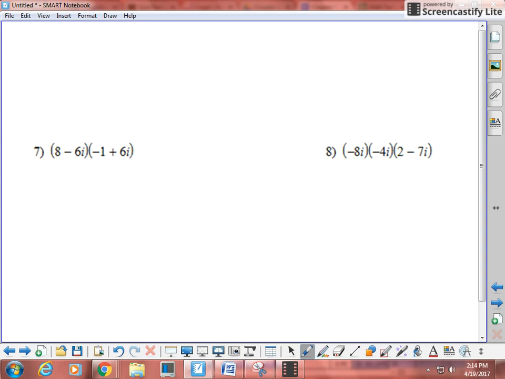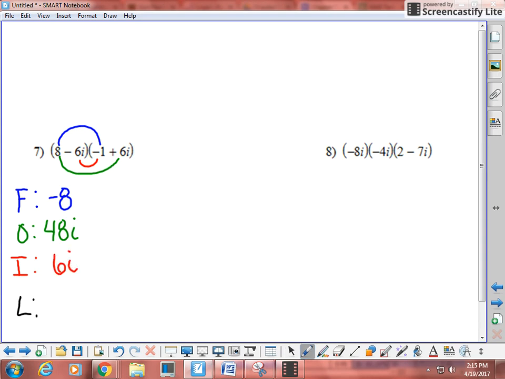Okay, last two. I still want to FOIL these together. So I'm going to go to the FOIL method again. My first one is going to be negative 8. Outer is going to take these to the outside to be 48i. Inner is going to take these in together and give me 6i. Last is going to take this to the outside and give me negative 36i squared.